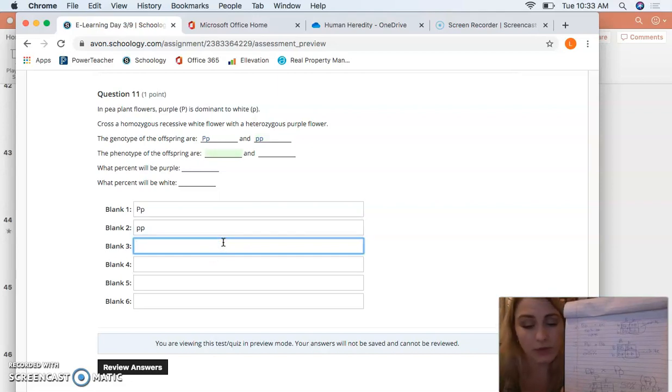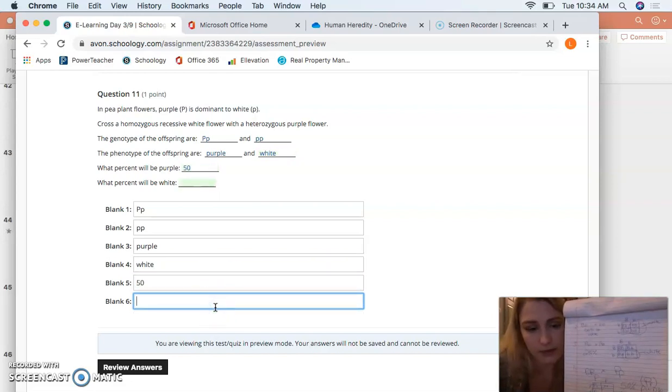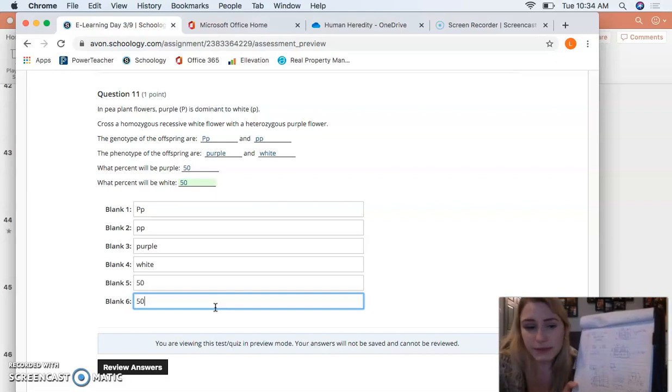So the phenotype of the offspring, guys, offspring are babies. Phenotype of all the babies, we're going to have some that are purple, and we're going to have some that are white. The percent that will be purple is 50, and the percent that is white is also 50. So those are all of your answers.